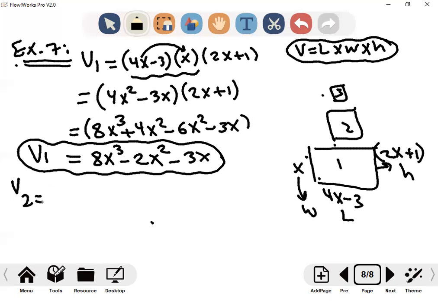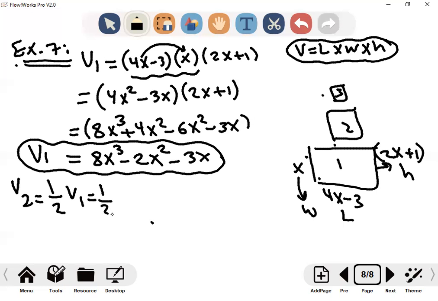Half of 1, right? The word of means what? Multiply. Divide by 2 or multiply by half. Volume 2 is half of volume 1, so V1 over 2.